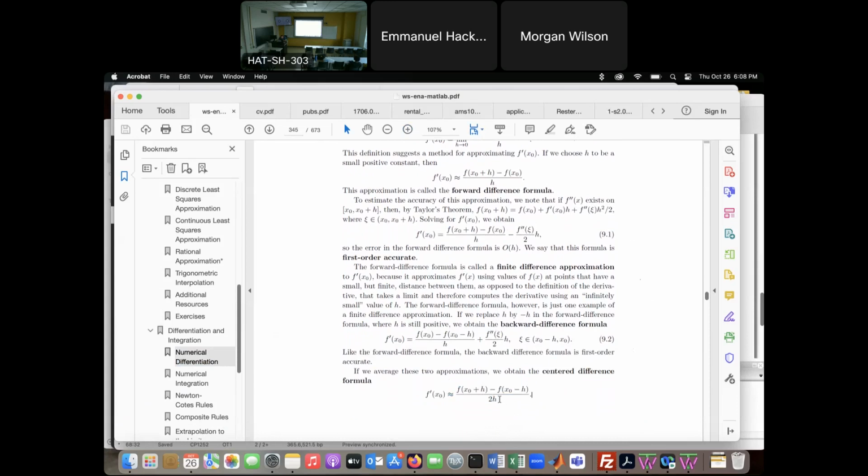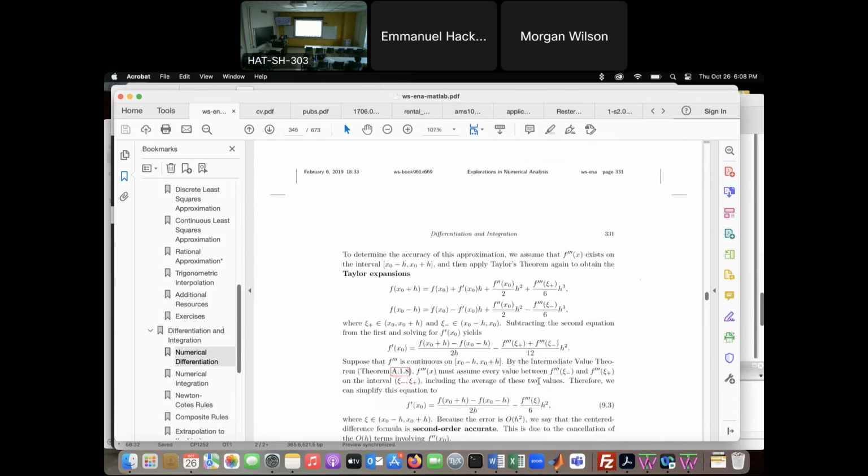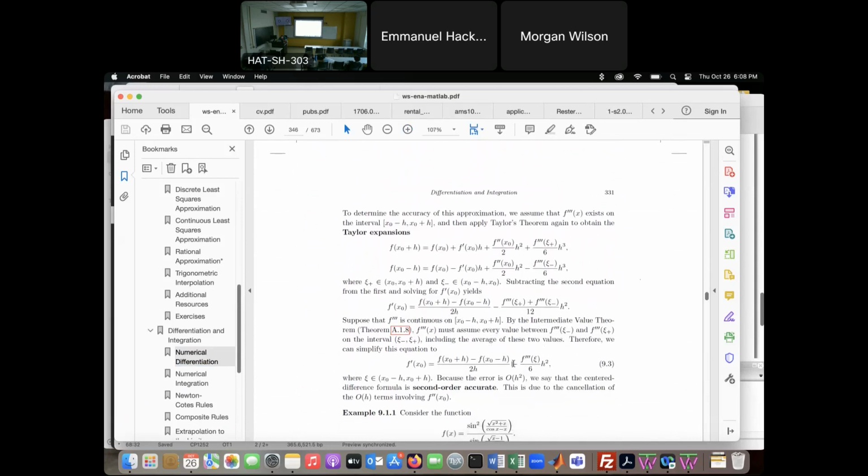This one's probably the most commonly used because it's just as simple to evaluate as these two. Here I'm repeating, like in chapter 2, the derivation of the error term, and it turns out to be big O of h squared.